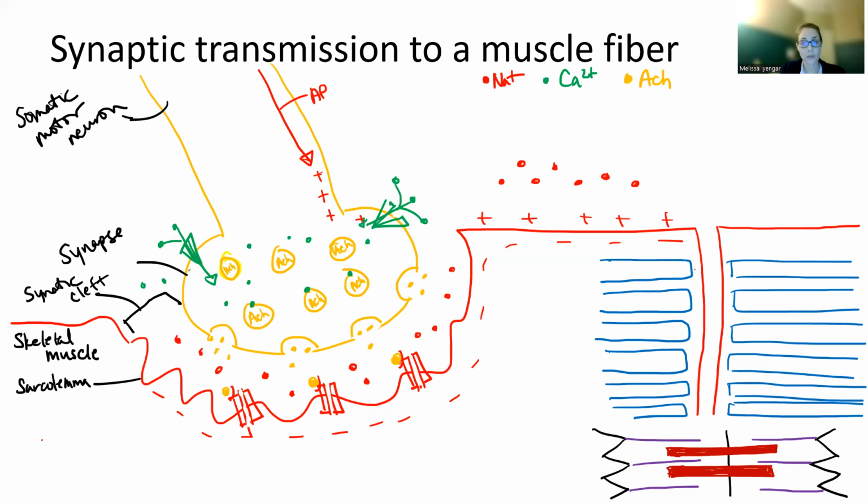Now we already said sodium is high on the outside. So since sodium is high on the outside, this is going to cause sodium to start to enter the cell. And now the cell is going to become positively charged.